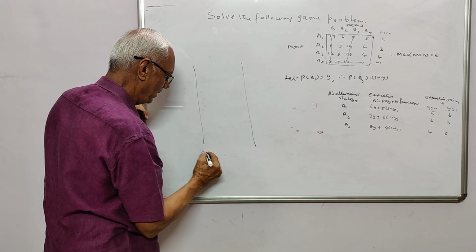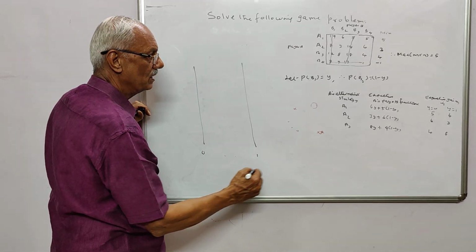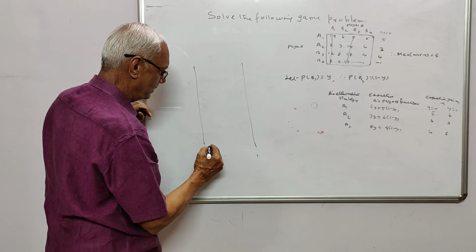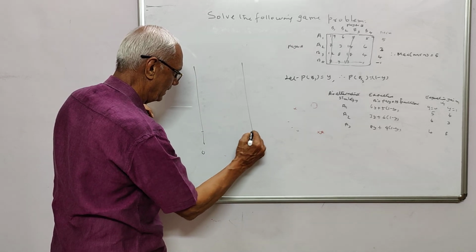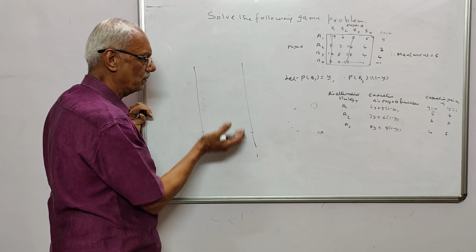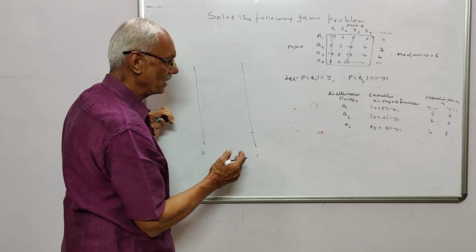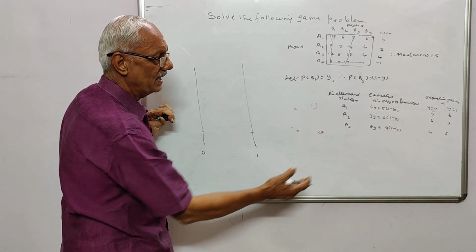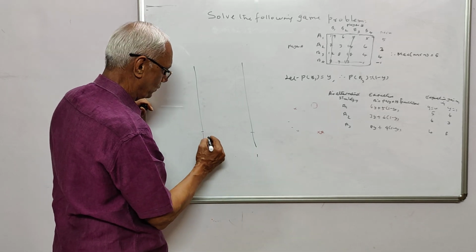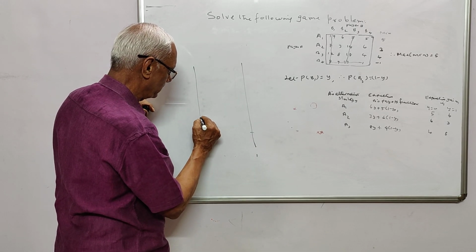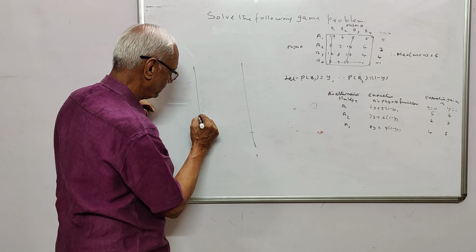If you draw a line here, below that it is negative and above this it is positive, but in our problem the values are only positive, so there is nothing to worry about that. So this is 1, and you take equal scaling like this.